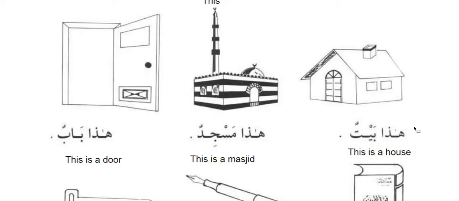But of course, in the English language, we need to have a verb to complete the sentence. In the Arabic language, you do not. All you need is al-mubtada'u, the thing that you begin with, which we can call the subject, and baytun, which is the predicate, the khabar, some information, literally information about that thing. So this structure here, hadha baytun, is what we call al-jumlatul ismiyya, the nominal sentence.